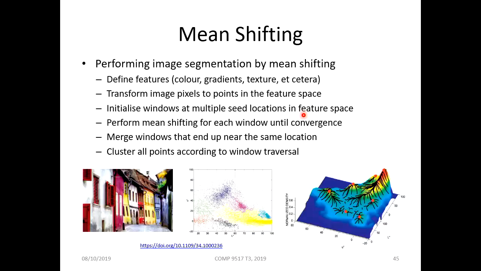So that's what allows you, for example, in this space. This is the image that I showed before, and this is just a two-dimensional projection of that three-dimensional color space that I showed before.